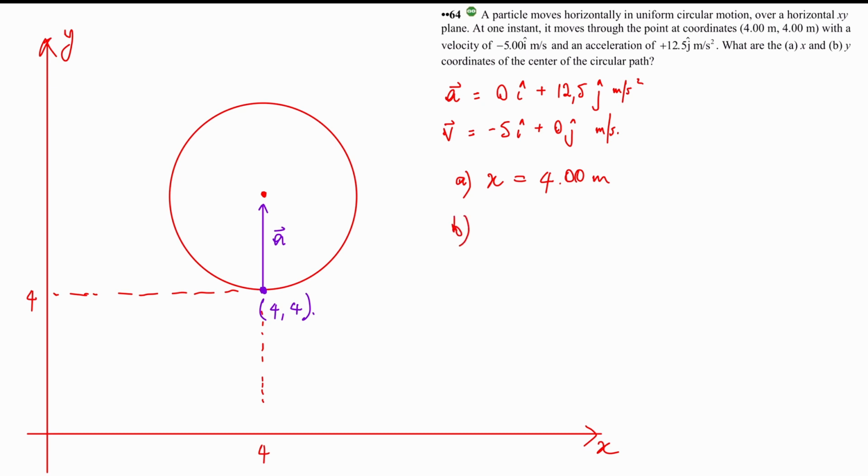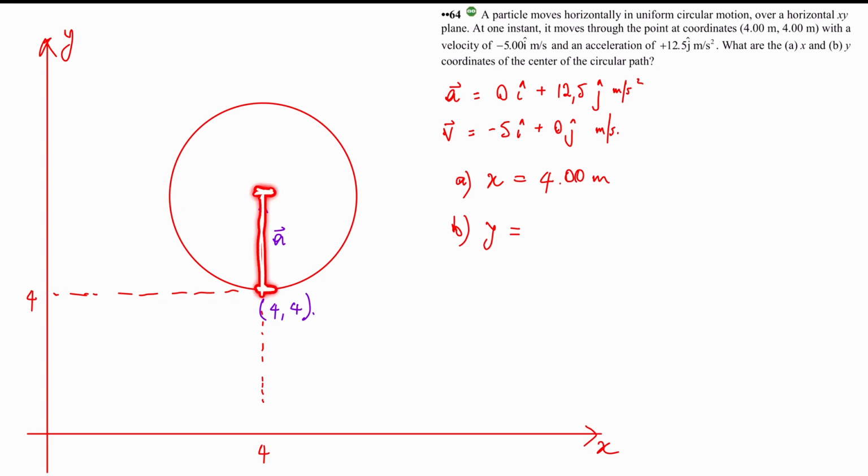Now, what about the y? This is part B. What is the y coordinate of the center, this point? We figured out the x. Could we figure out the y? Notice the y component is higher than this 4. By how much is it higher? What is this distance here?